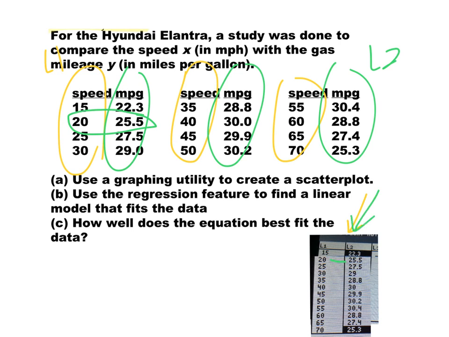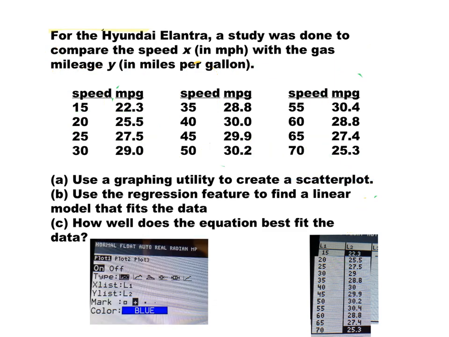And what we want to do is we first want to create a scatter plot for the data. Remember, the scatter plot is the first type of graph. When you go to second and y equals for your stat plots, make sure your x list corresponds to the speeds, so that would be list 1.